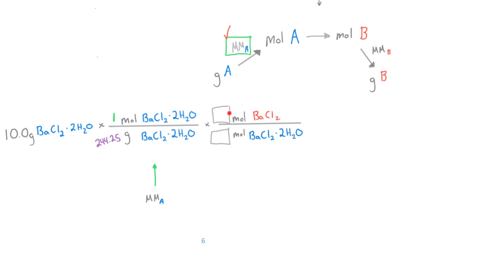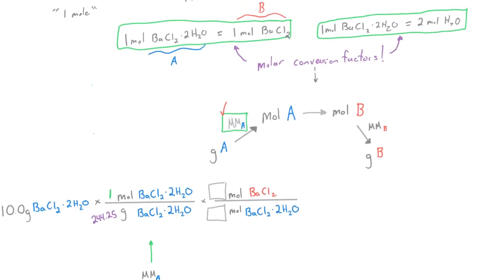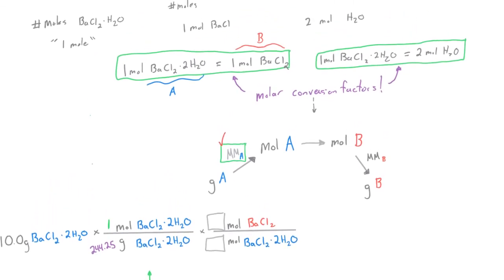We have moles of B up top, that's our barium chloride, and moles of A at the bottom, that's our hydrated salt. We just need to find the right values to put into these boxes. Where do we get those values? Well, that's right. We have to get those values from the actual conversion factors between those two different things.